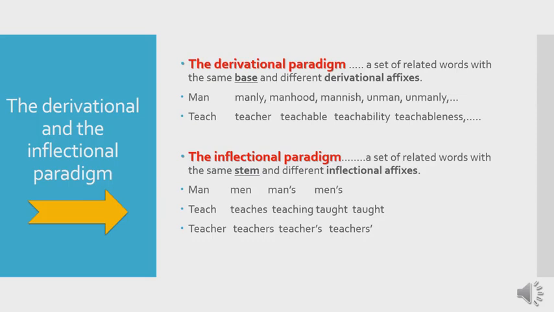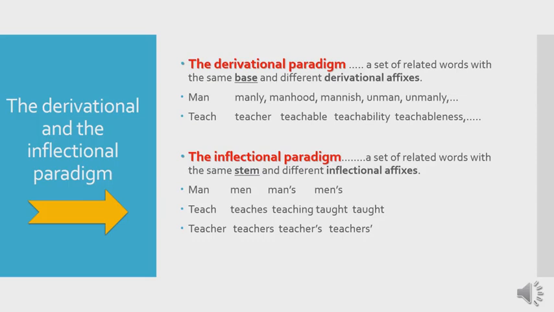So here we have the same stem in each word in the inflectional paradigm plus inflectional affixes that can go with this paradigm. So with the derivational paradigm, we have words with the same base plus different derivational affixes. But with the inflectional paradigm, we have related words with the same stem and different inflectional affixes.